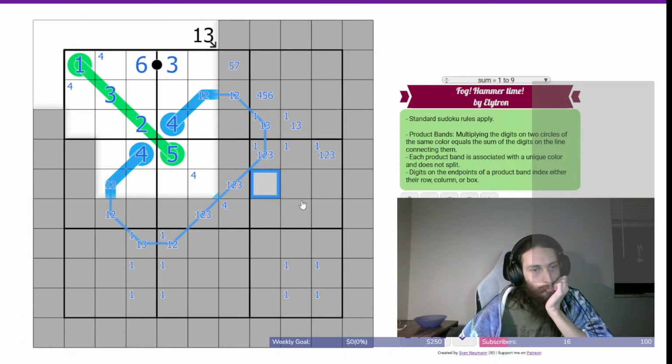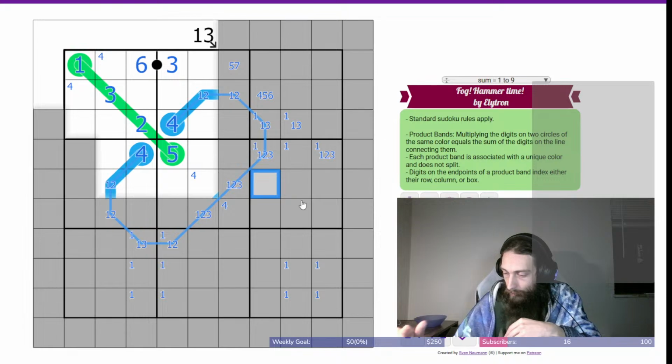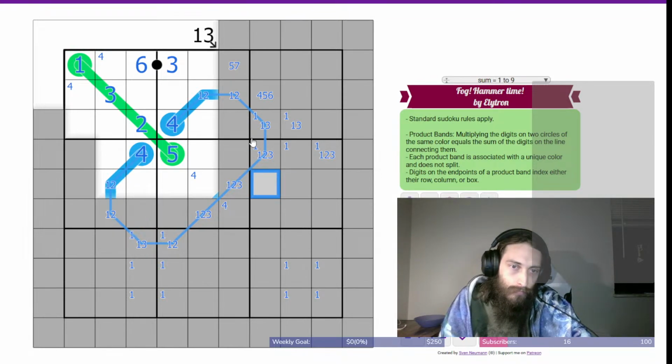But it's still less helpful than I wish it was. And there can only be one 3 on the blue line. Right. Everything else has to be 1s and 2s. Where is 3 in here? It's not there.